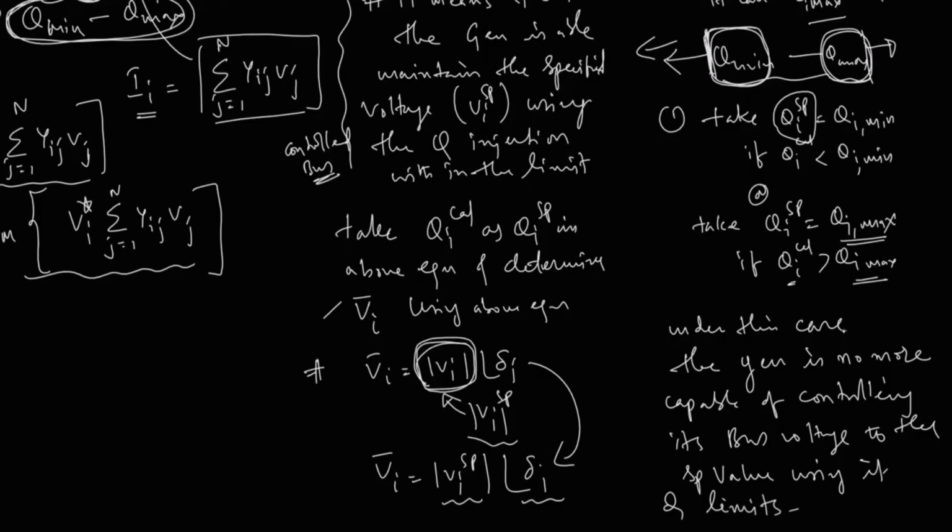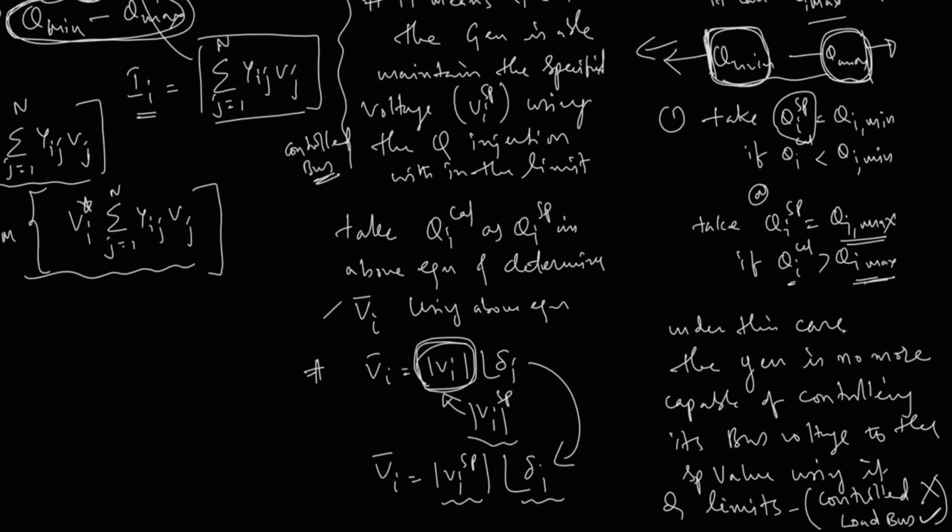Now under this case, this generator is no more a controlled bus. Now it is acting like a load bus, because its voltage is now no more controlled using these limits.